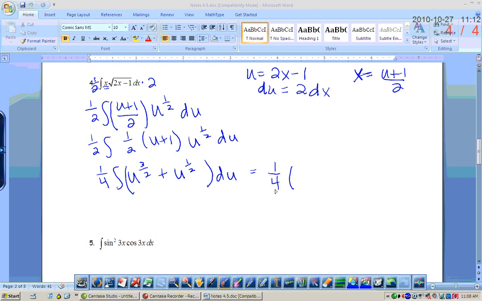Okay, so let's integrate. Well, there's only one 1/2. Yeah, you don't distribute when everything's multiplied together. You wouldn't distribute the 1/2. Sophia?